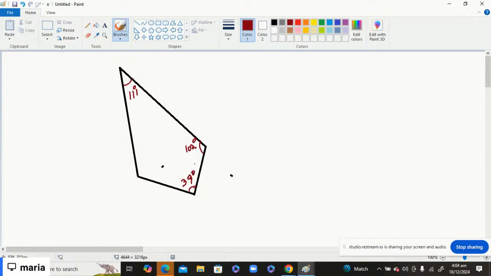So what is the measure of the missing angle? As we know, the sum of all angles must be 360 degrees.